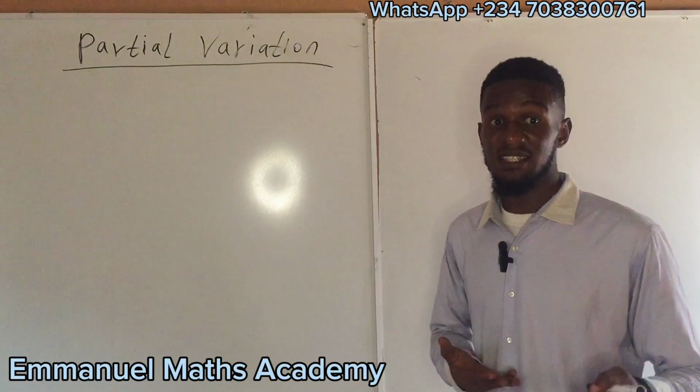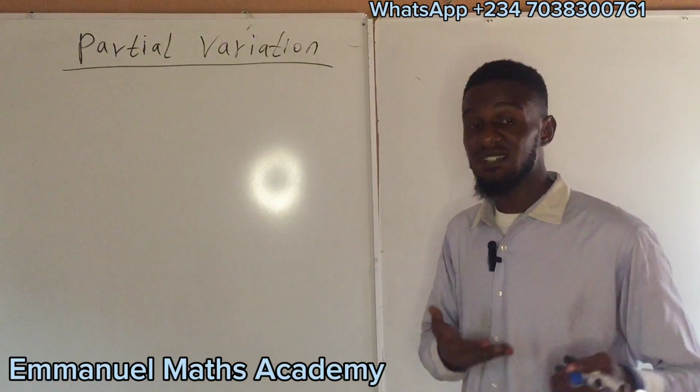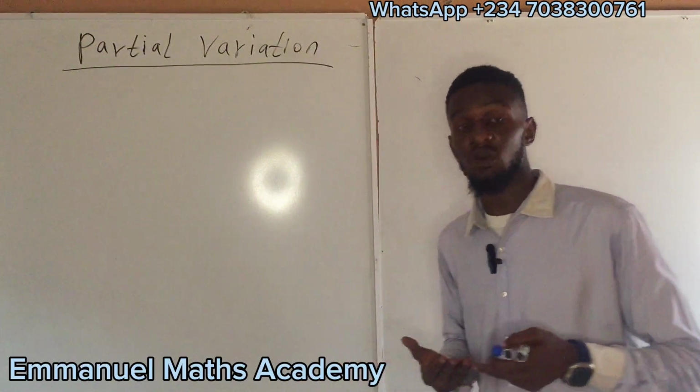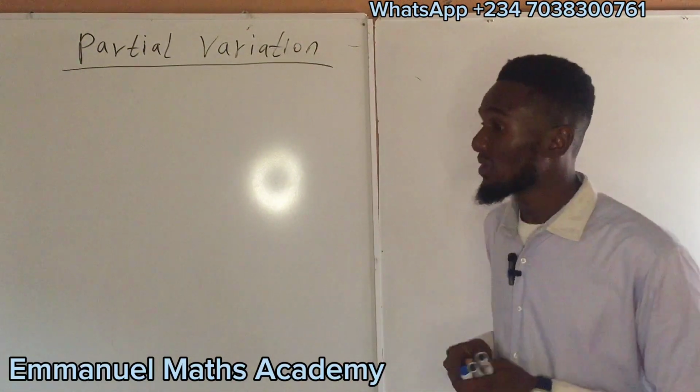Partial variation exists when a quantity is partly constant and partly varies with another quantity. It is expressed as the sum of two parts. Look at what I mean.